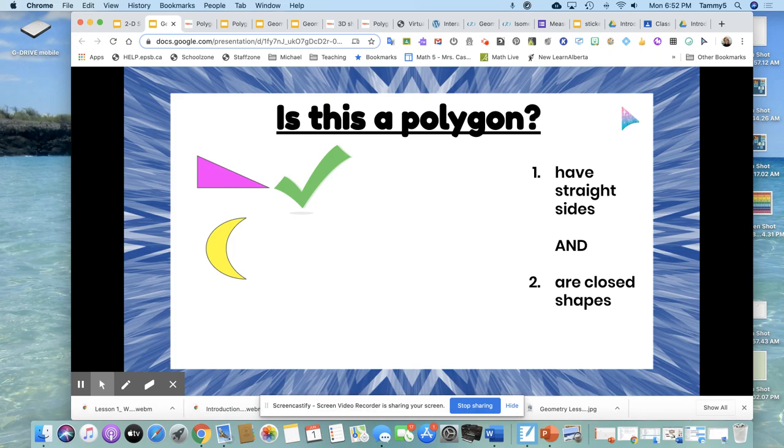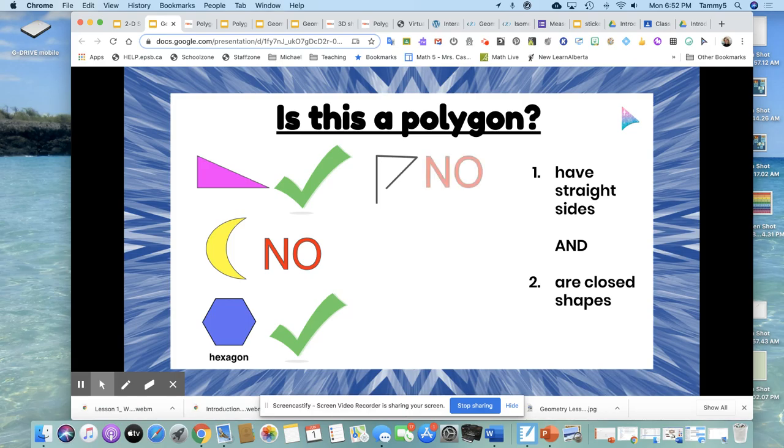A moon has curved sides, so no, this is not a polygon. The hexagon below has straight sides that are joined together, so it is a polygon.